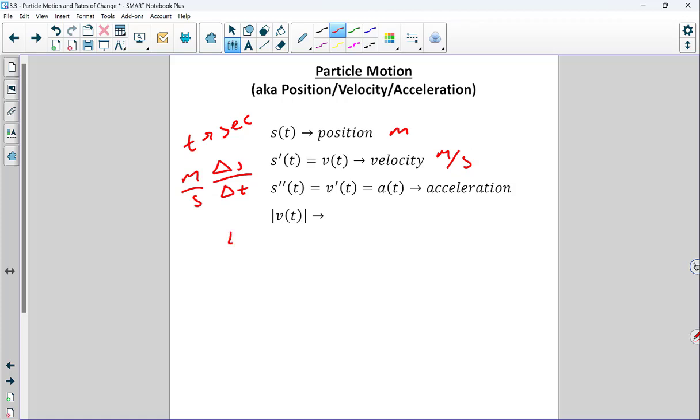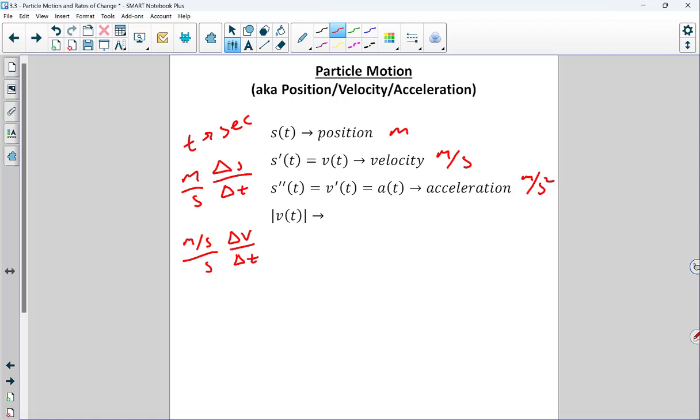Acceleration is the change in velocity over the change in time. If velocity is meters per second and time is seconds, that would be meters per second squared. Anytime we have position, velocity, acceleration, and you're told to include units, pay attention to your unit for position, pay attention to your unit for time.